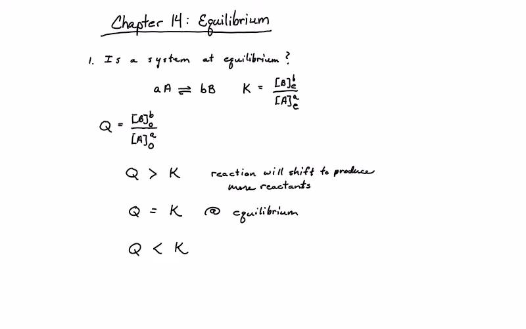And if Q is less than K, that tells us that we don't have enough products yet, and therefore the reaction is going to shift to produce more product. So if we do this test, we can determine whether or not a reaction is at equilibrium, whether it's going to be moving towards the products, or if it's going to be moving towards the reactants.